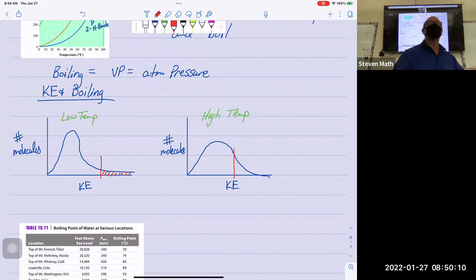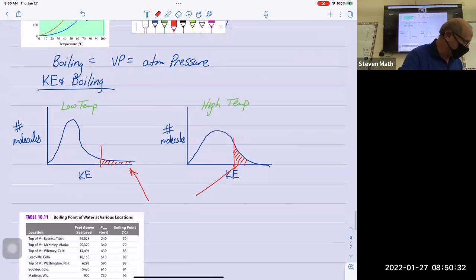That's why I say the area under the curve should be the same. And so it's saying as if there's molecules, you're not actually changing the number of molecules or the kinetic energy, it's just saying with this many of the molecules.